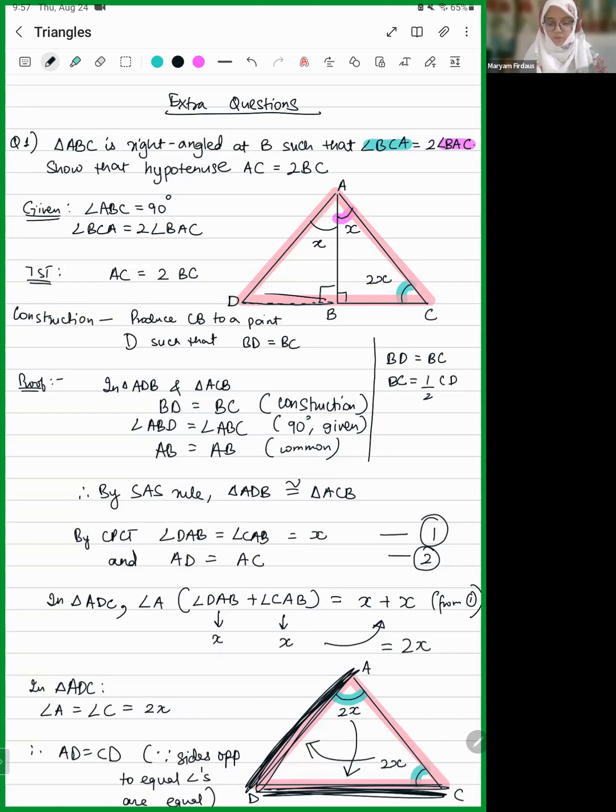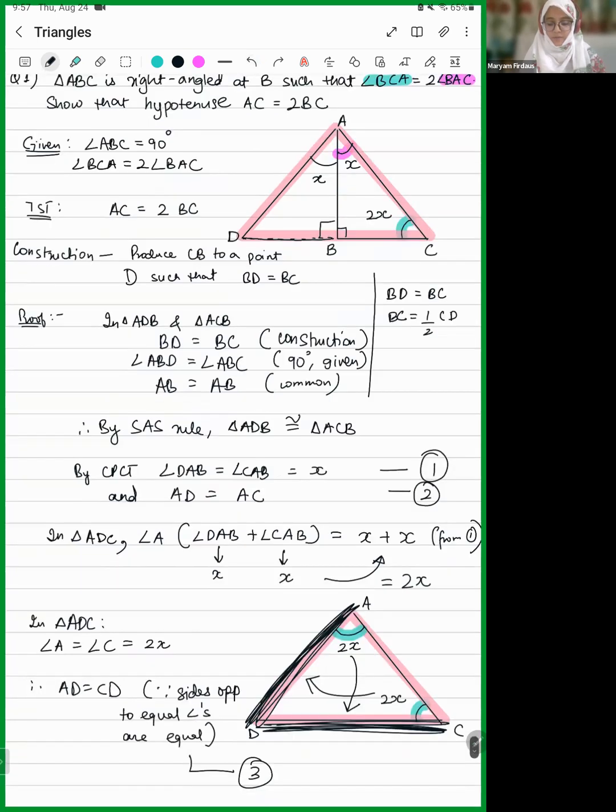If this portion is equal to this portion, then that means this portion is equal to half of the entire portion, right? Anyone who has a doubt in this? Let me explain it again for those who might have a doubt.